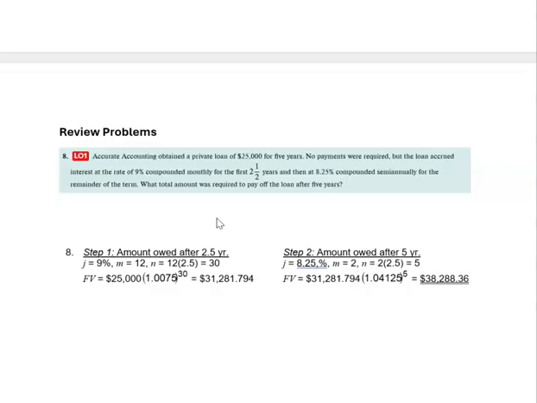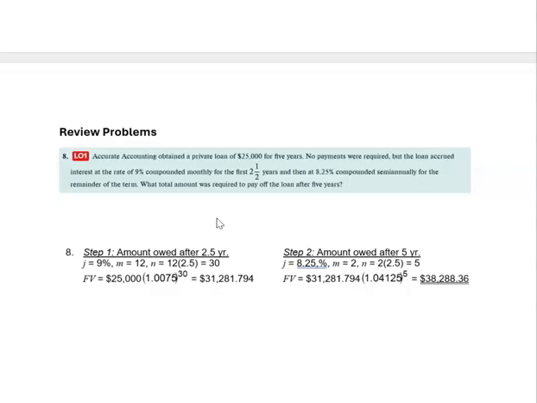Our N, the number of periods, is 2 multiplied by 2.5, so our N is 5. Now we're going to figure out our I. Our I is J, which is your 8.25%, divided by 2, which gives you 4.125% for your periodic interest rate.